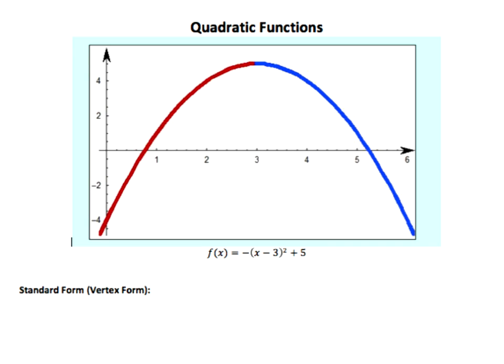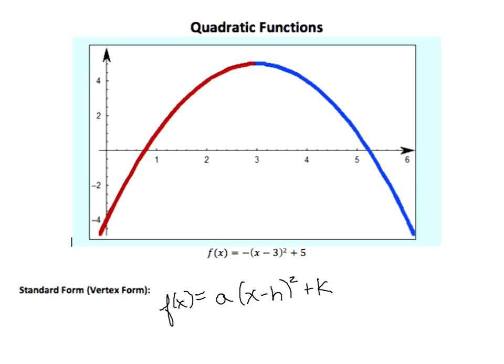Okay, so the standard form of a parabola is f of x or y equals a times x minus h squared plus k. And this probably looks really familiar since we've already started talking about transformations.